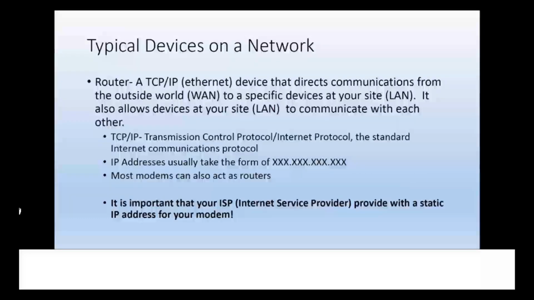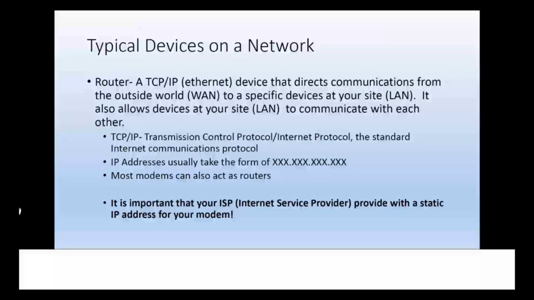So the router's function is to basically direct communications from the outside world onto your LAN using this TCP/IP protocol, which is our standard internet communications protocol. Most IP addresses that we're going to be using, if you're familiar with IP addresses, are 4 octets, meaning that you have 4 numbers that vary from 1 to 255.